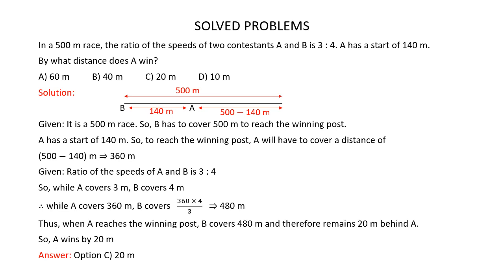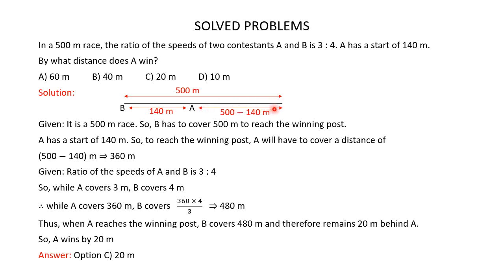A, since A has a start of 140 meters, will be at this position and this will be the starting point for A. So A has to cover only this distance to reach the winning point.